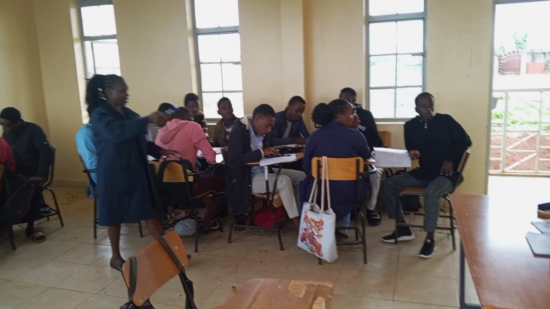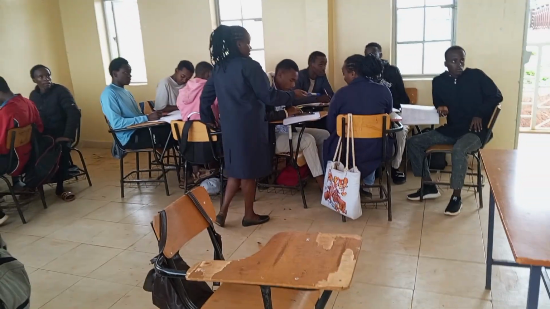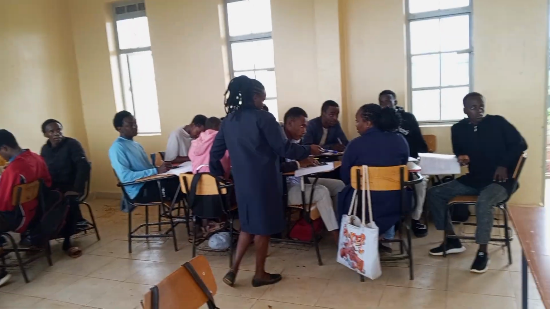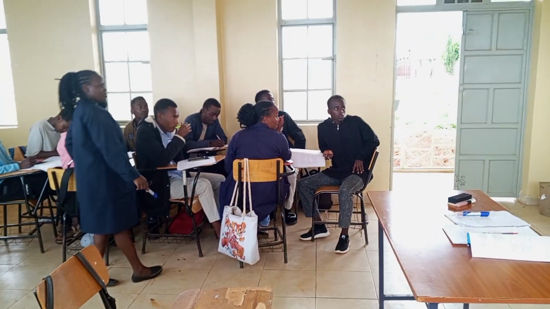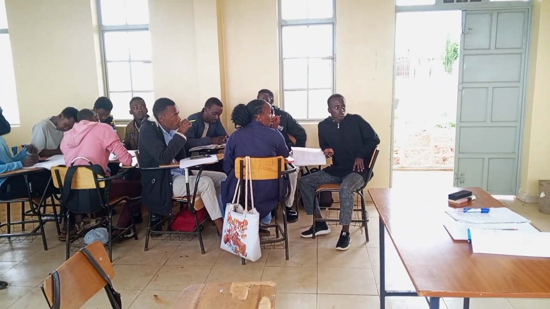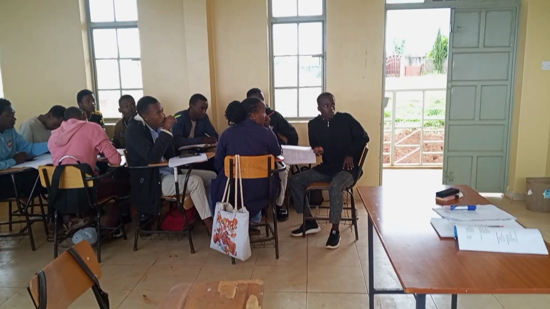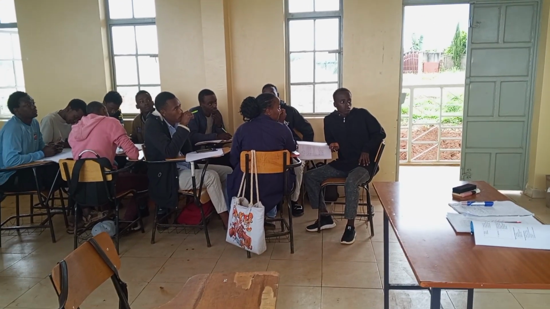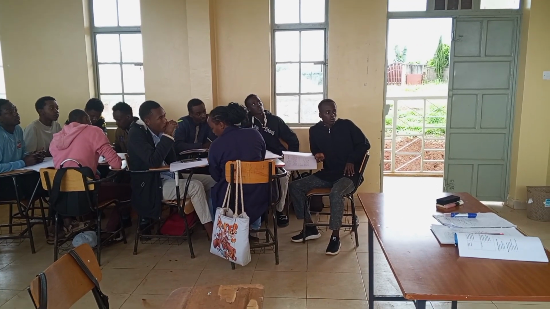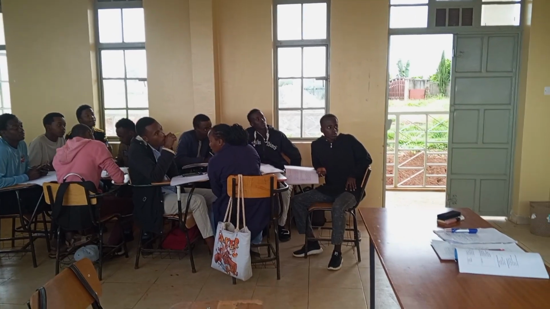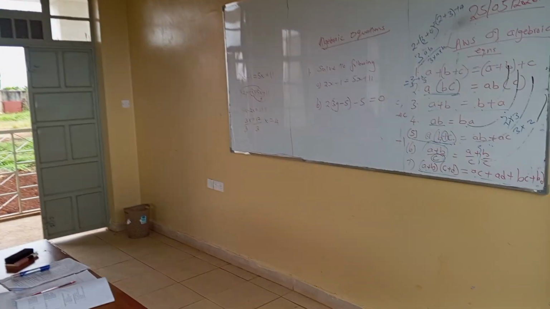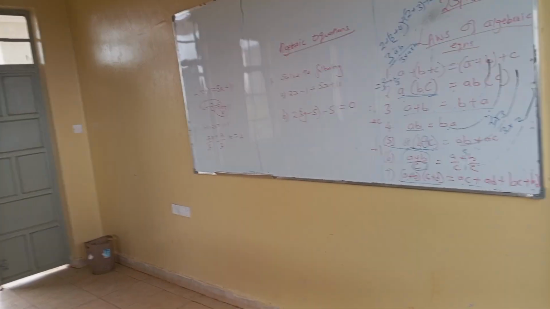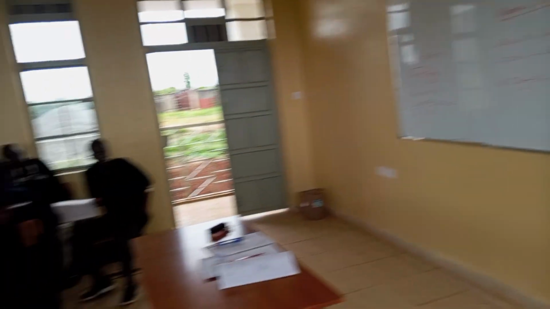Issue iko wapi? Enda urekebishe wapi amekosea. Nijibu amepata tofauti. So you are given 2x minus 1 is equal to 5x plus 11. So yeah, move the negative 1 on the other side inakuwa positive, si ndio? Na 5 akamove the other side inakuwa minus 5, si ndio?